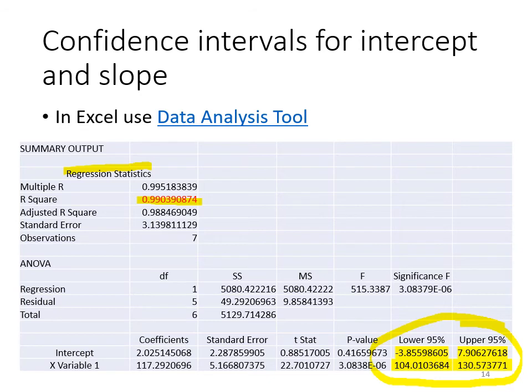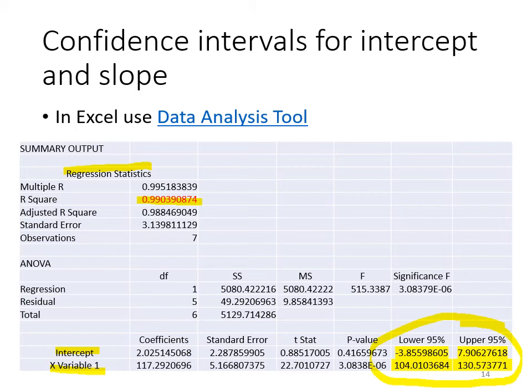So this gives you the lower 95% and the upper 95% on the intercept, and then it gives it for the slope. So you can see the intercept ranges from about -3.9 up to almost 8, 7.9, and our slope ranges from 104 up to 130.